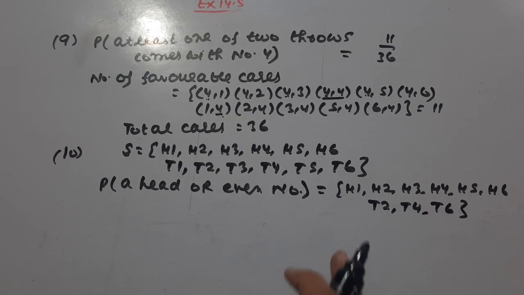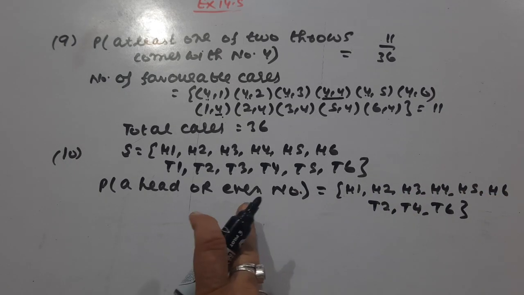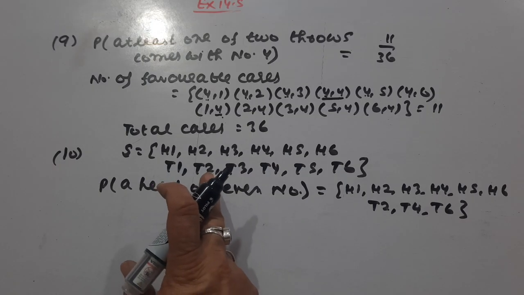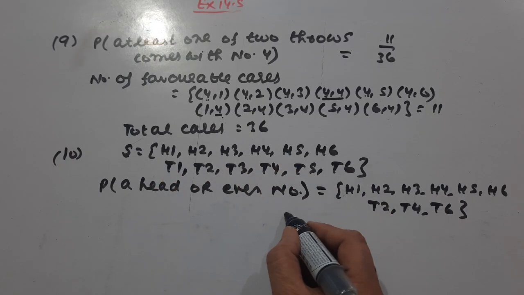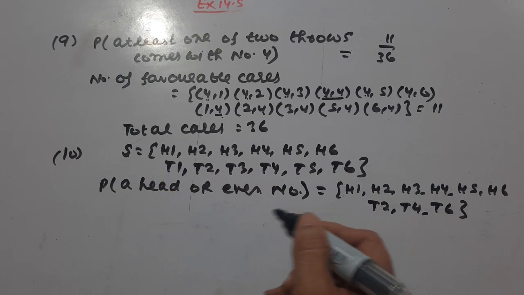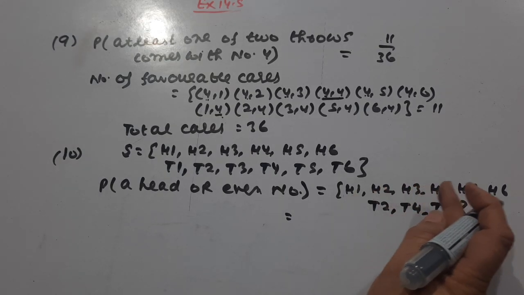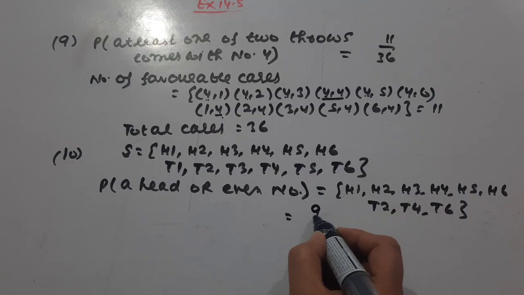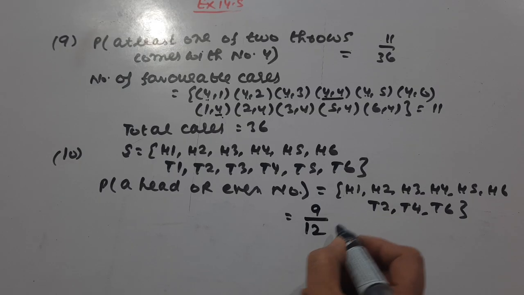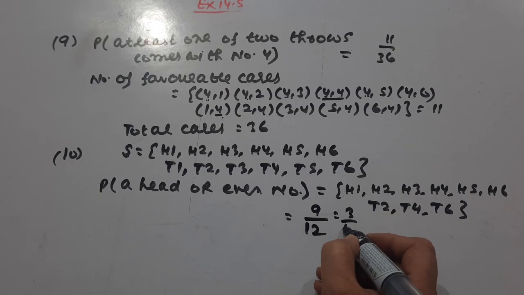So head means H1 to H6, or even number. So even number may be T2, T4, and T6. So here the cases which are in favor, these are 9: 1, 2, 3, 4, 5, 6, 7, 8, 9, and total cases are 12. So probability will be 3 by 4.